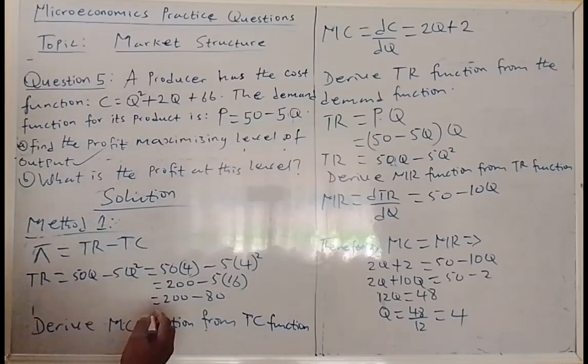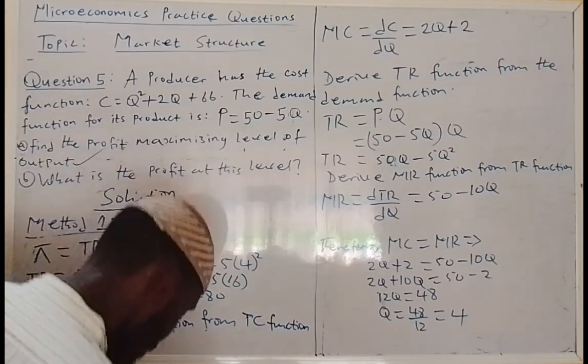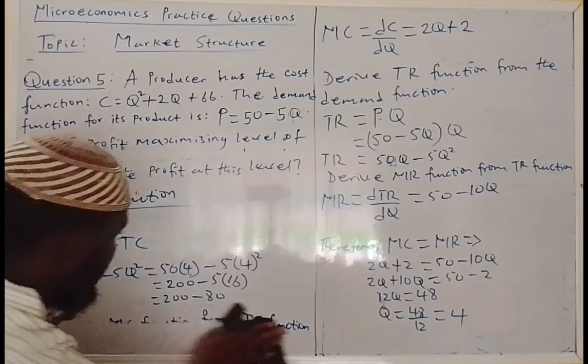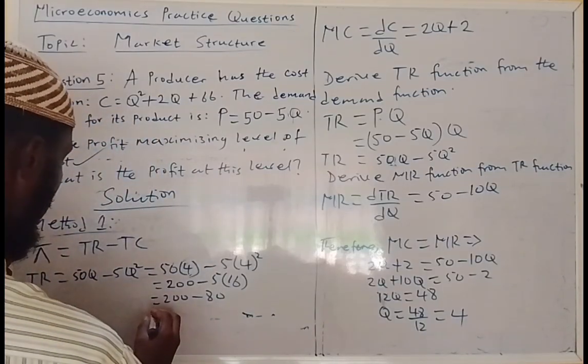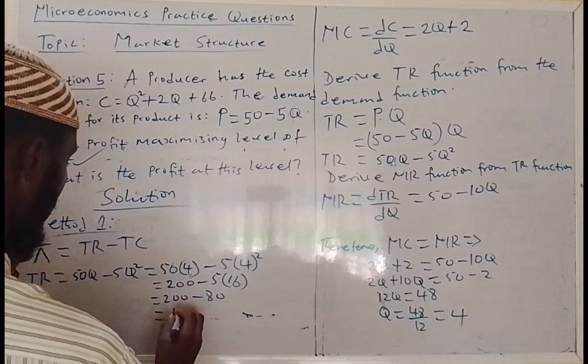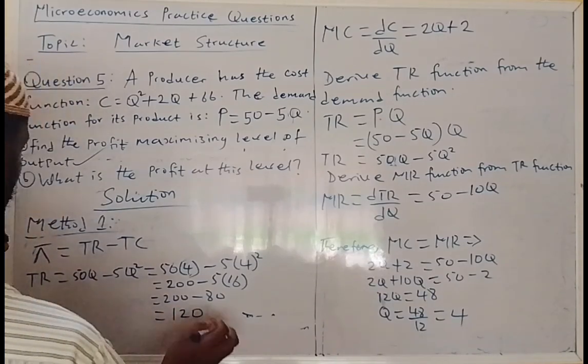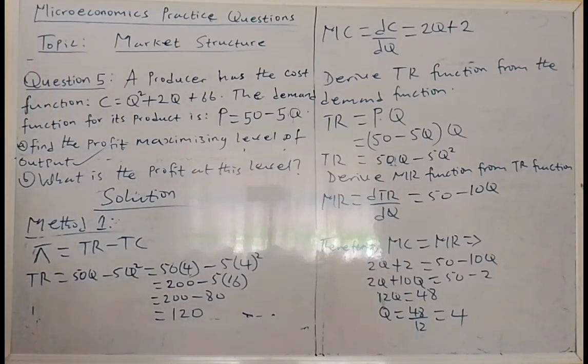The answer for this will be 200 minus 80. So what do we have? We have 120. This is total revenue. So we have gotten the value for total revenue.